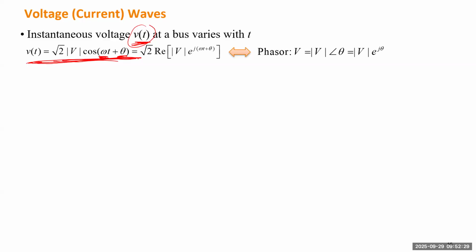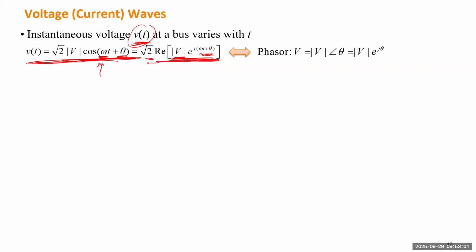For this cosine function, there's another way we can represent it. We can treat it as the real part of a complex number in exponential function form. So we leave the square root of 2 outside, and inside we have a complex number with the magnitude and also this angle, this phase, changing with time.